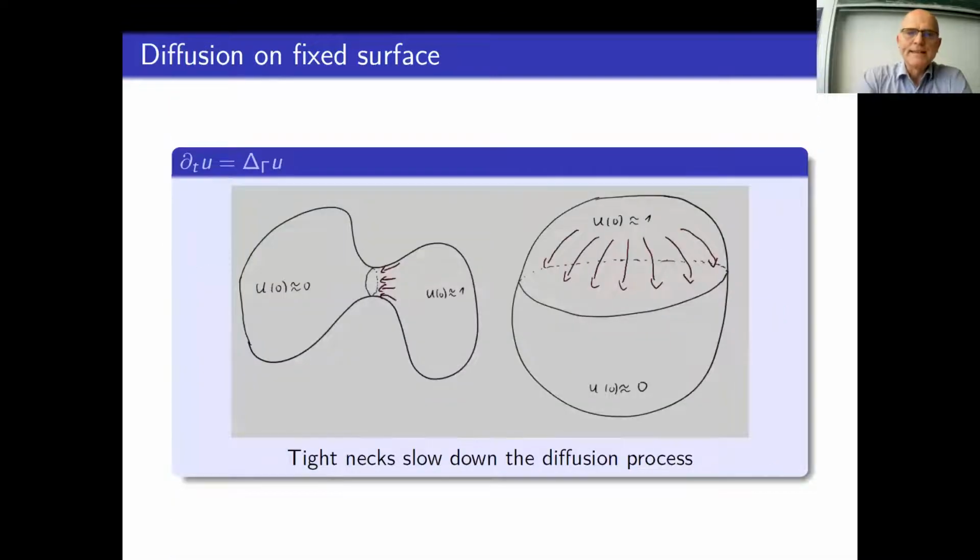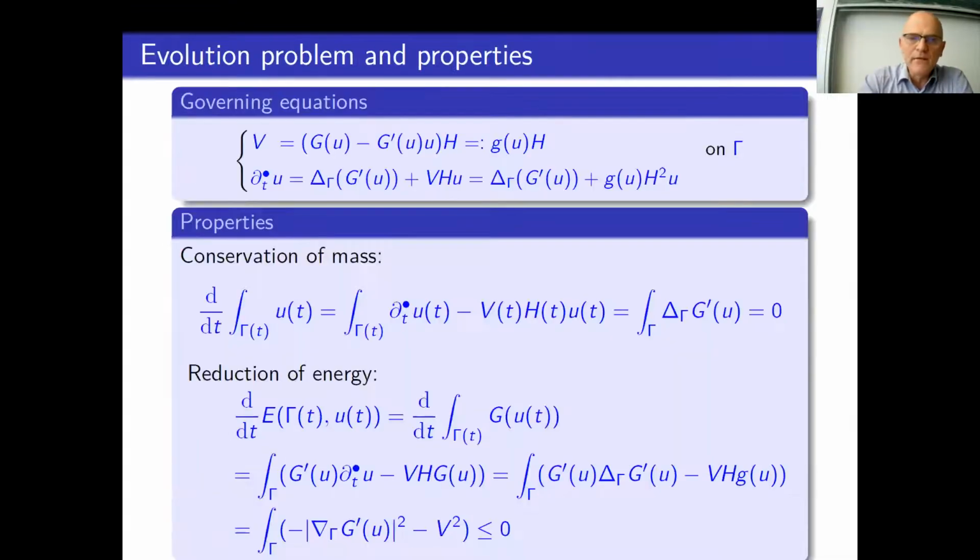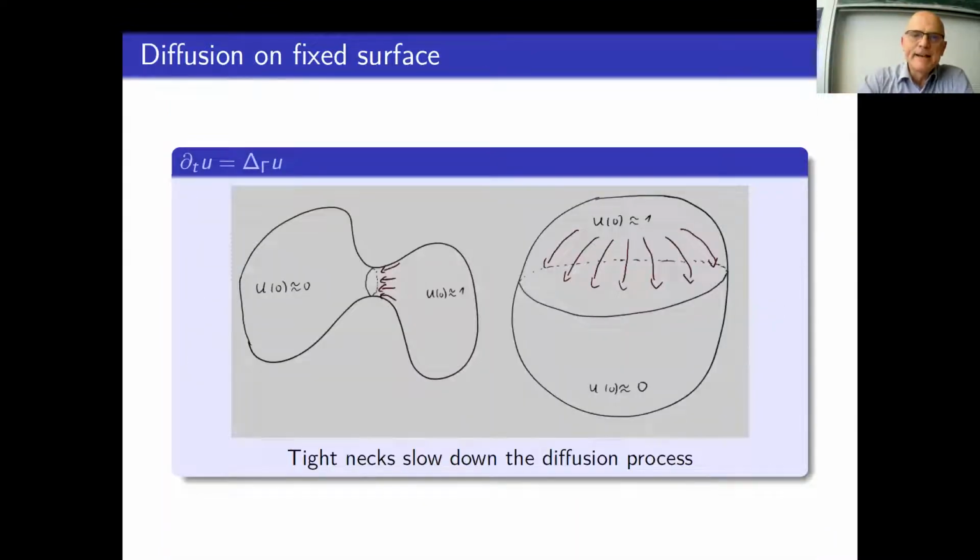Okay, so this is the situation. Maybe we go back here. If we just look at simple diffusion, where the surface is fixed, dt of u is equal to the Laplacian of u, let's say g is just a quadratic, then you get a diffusion equation on the surface. But many things also appear there.